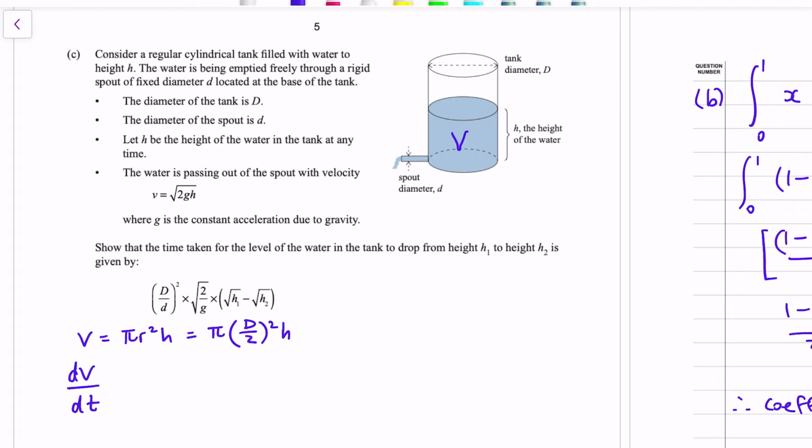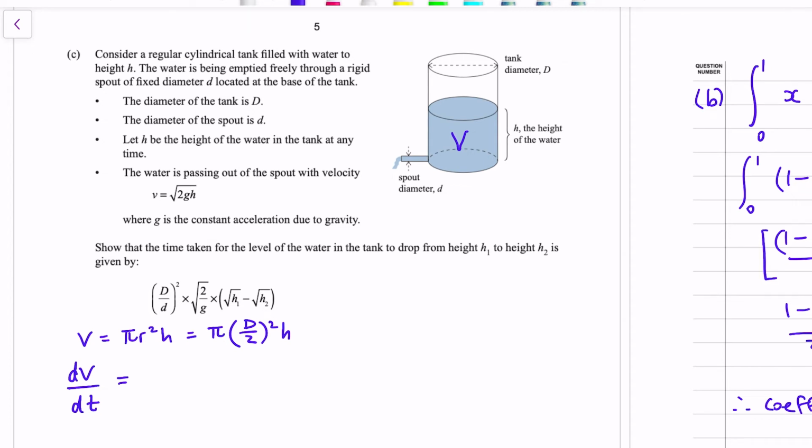So we know that the volume depends on time. The rate that the volume is leaving the tank is the same as the rate of volume going out of the spout.